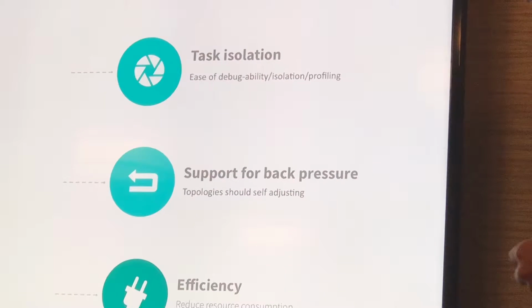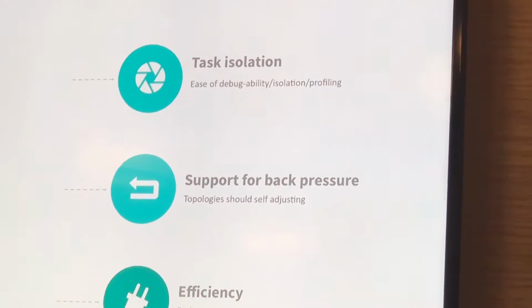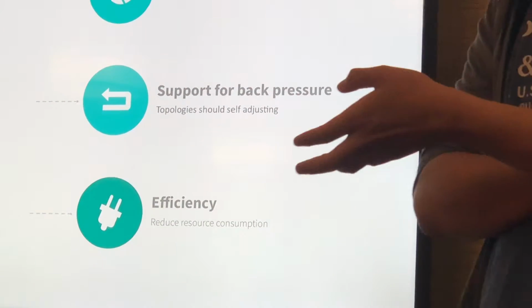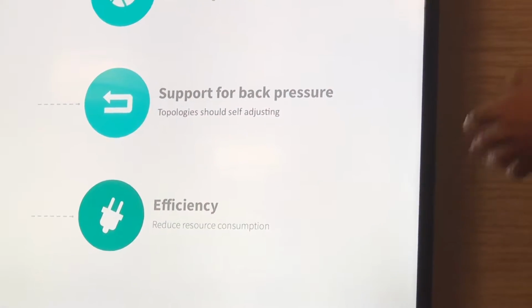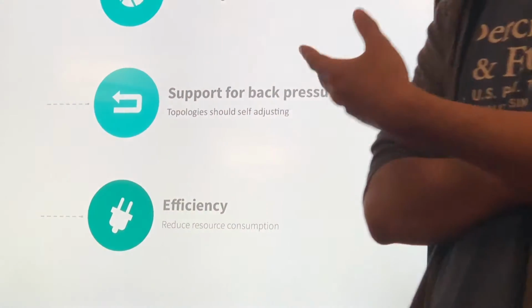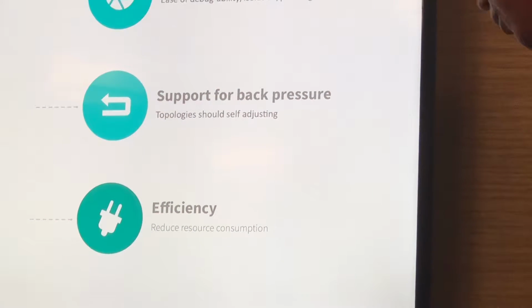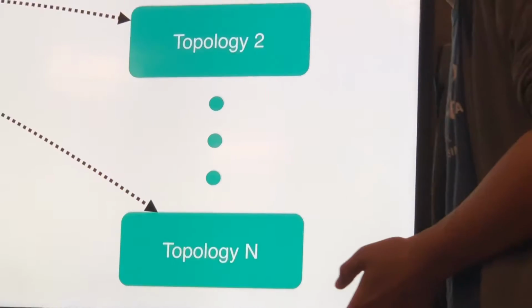And these are the other requirements we have: support for back pressure, so that when failure cases happen, you can recover without regression, not generating unexpected results or just crashing. And also efficiency and batching of tuples. So basically those are the design goals.